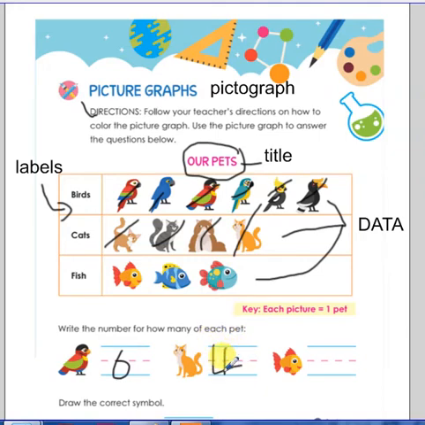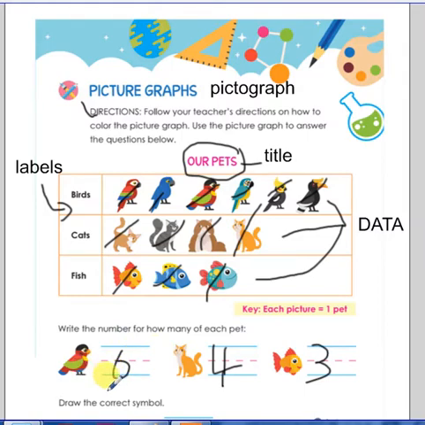So pictograph helped me to count the cats easily. Fish: 1, 2, 3. How many fish? 3.